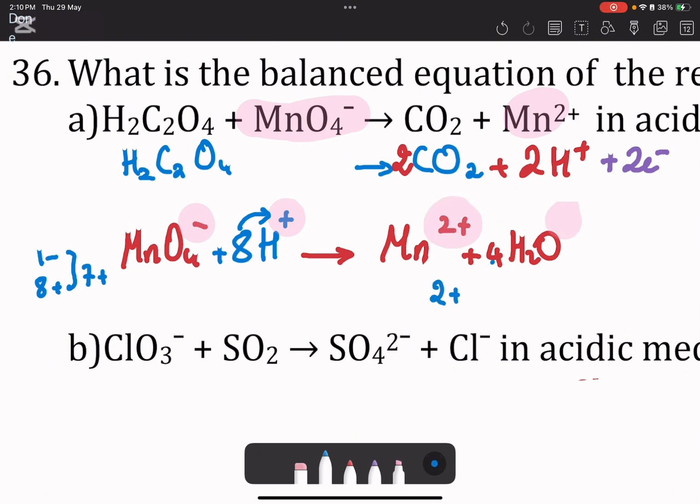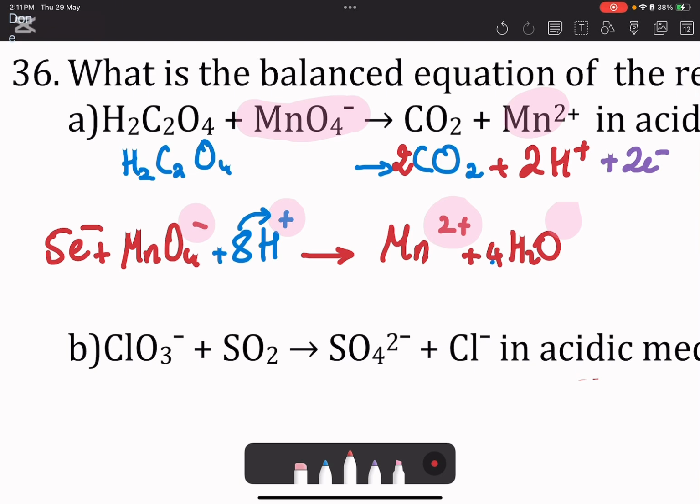So I have 2 plus. So it's a 7 versus 2 plus. So that's the side of higher charge. So you're gonna add electrons to this side to drop it to 2 to make them equal on both sides. So that means I need to add 5 electrons to make them equal.